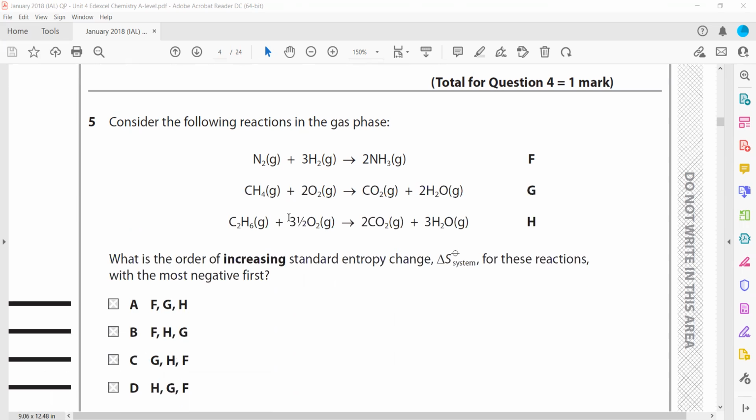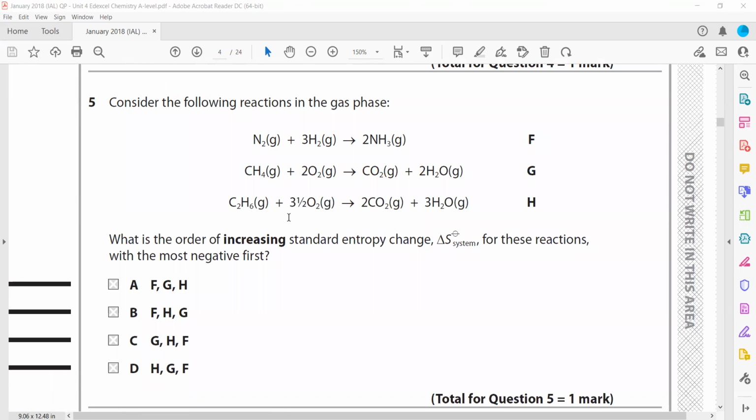In question 5, consider the following reaction in the gas phase. What is the order of increasing entropy? Entropy increases if the number of particles, or the moles of gas, increases. So when you check here, there are 4 and 2, this is 3 and 3, and this is 4 and 5.